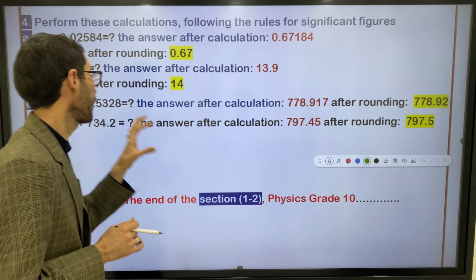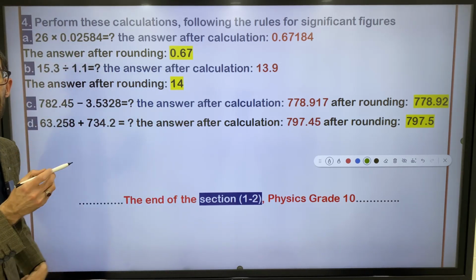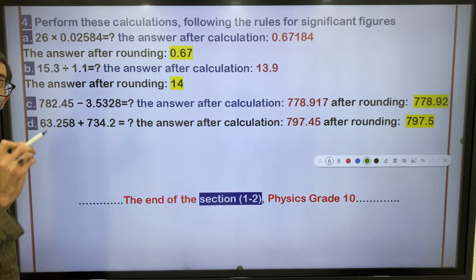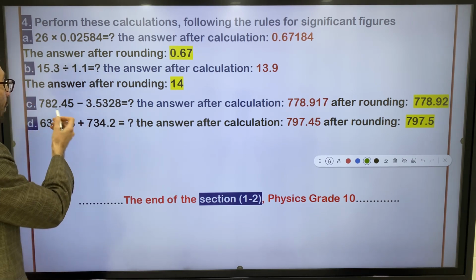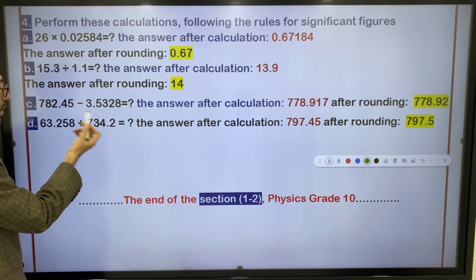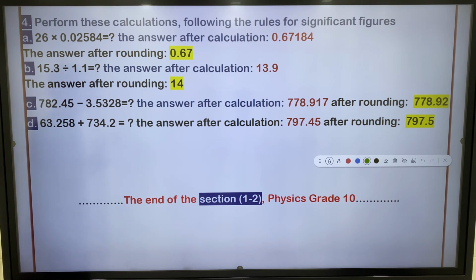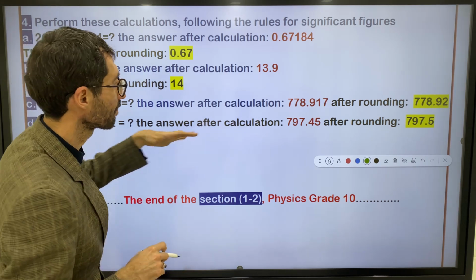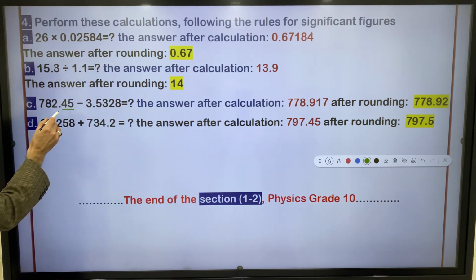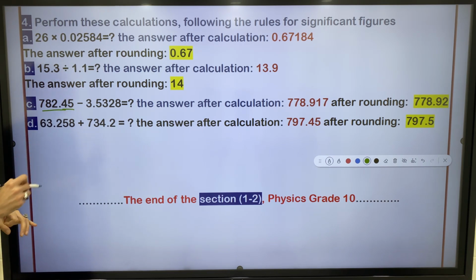Here you have to focus on the number with the least decimal places, not least significant figures. Which of these numbers contains the minimum decimal places? This one contains only 2 decimal places. That's why the answer should contain 2 decimal places, right?